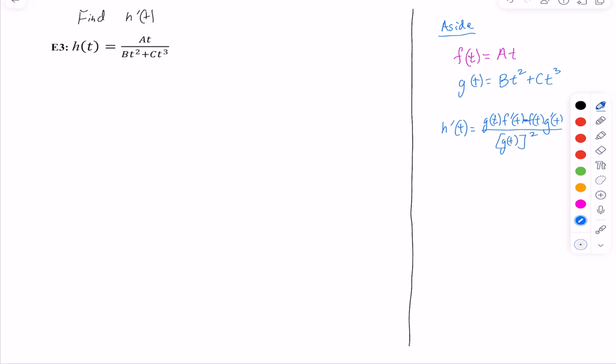Always just leave it as quantity squared. Let's go ahead and do this. I'm going to use Leibniz notation. I don't want you to ever forget Leibniz notation. Very, very powerful notation. I'll highlight the derivative in a different color.